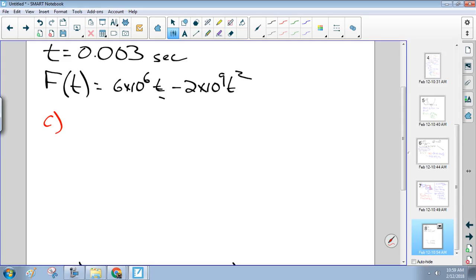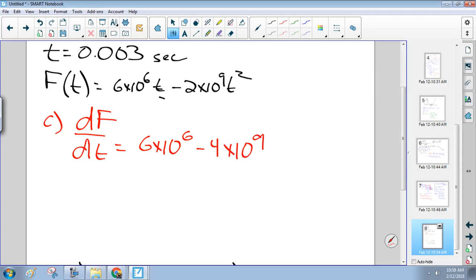So for C, let's find the derivative of the force with respect to time. That's going to be 6 times 10 to the 6th minus 4 times 10 to the 9th t. So that's the rate at which the force is changing. Set it equal to 0 and solve for t.